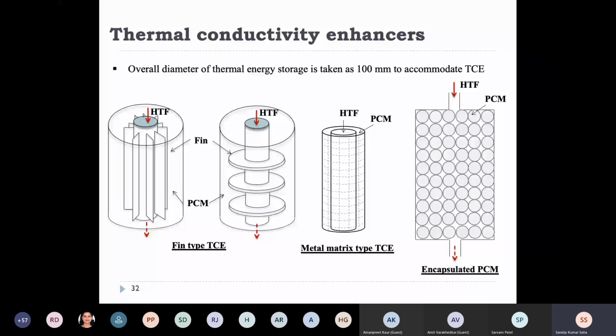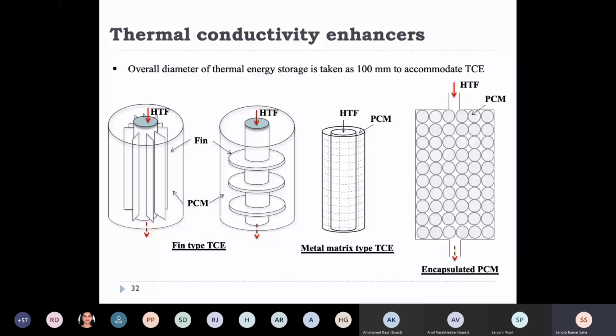One is the melting temperature. Second is the latent heat. But apart from that, other things are also important, like thermal conductivity has to be very high, specific heat has to be very high, thermally inert, chemically inert. Also, it should be non-toxic, non-corrosive. Everything should be there.